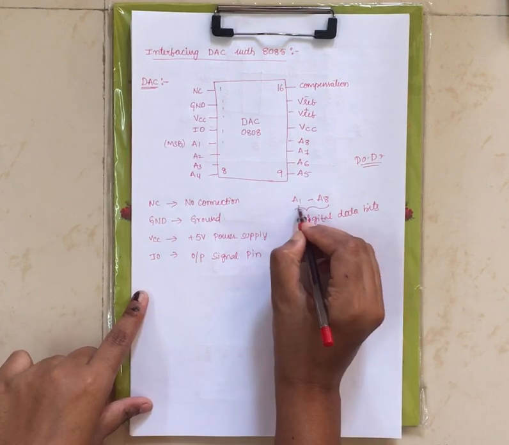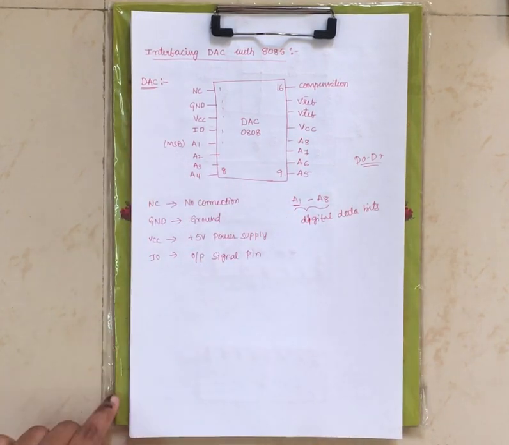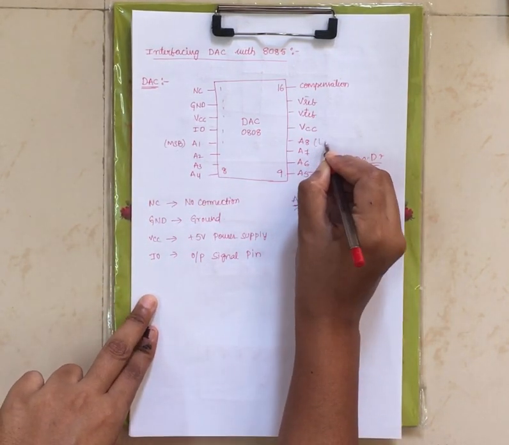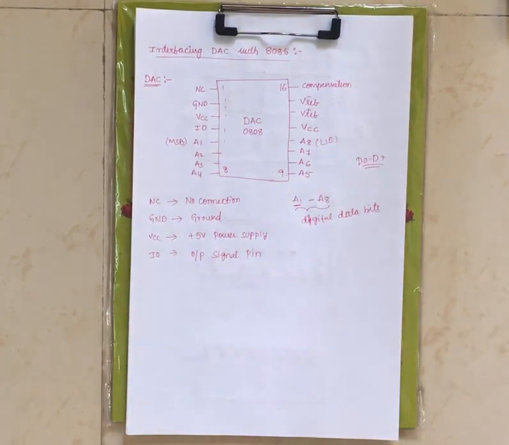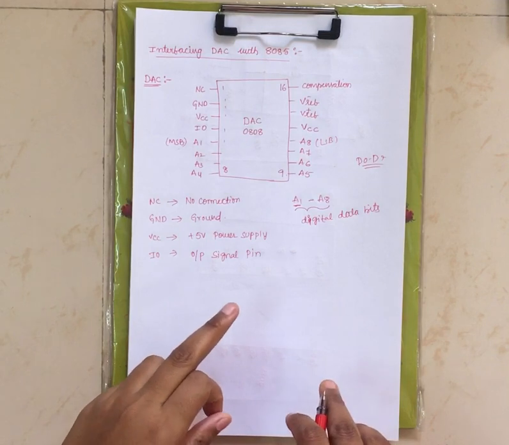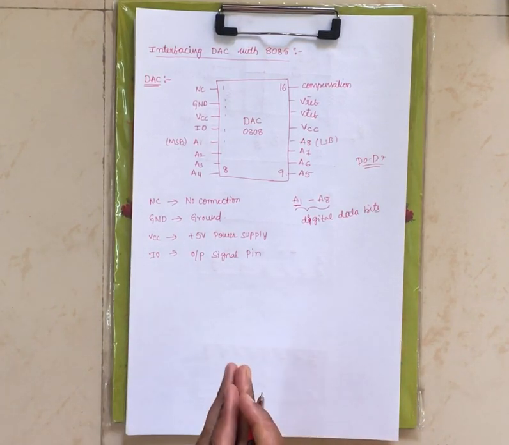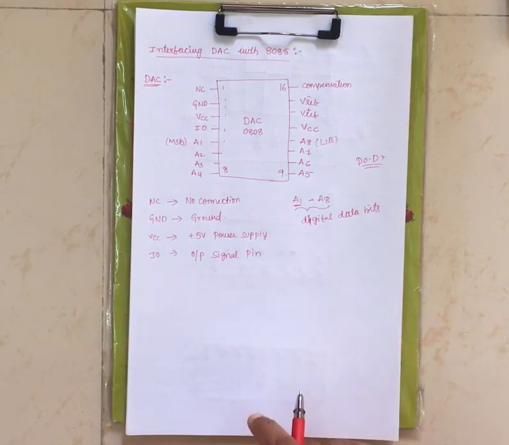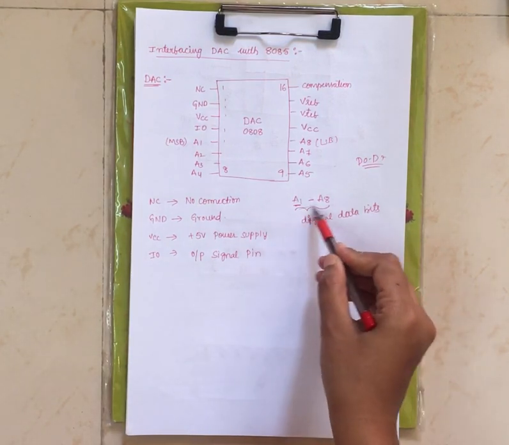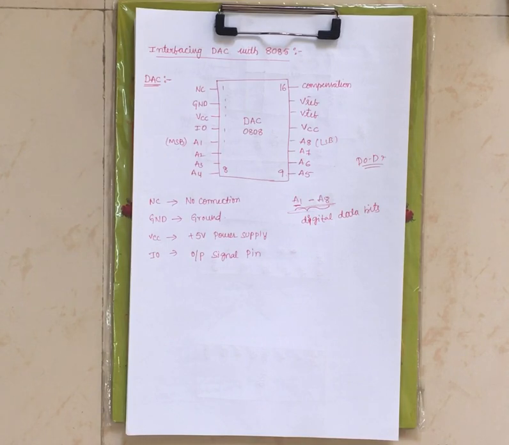Here A1 will be the MSB, most significant bit, and A8 will be the LSB, least significant bit. This is how to represent it: A1 to A8 are the digital input bits. You are giving some input, and through that input you are converting to the analog signal. That input is provided at these A1 to A8 pins.